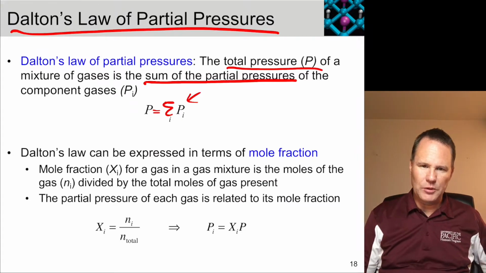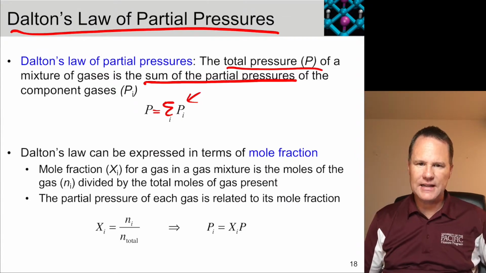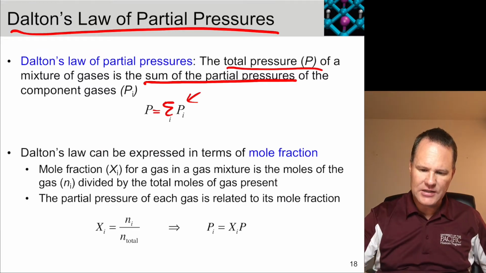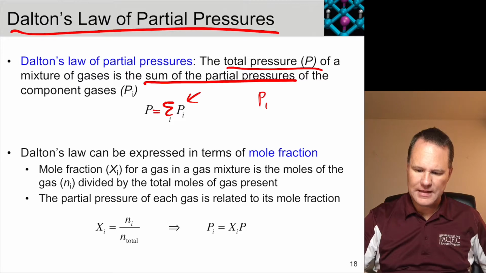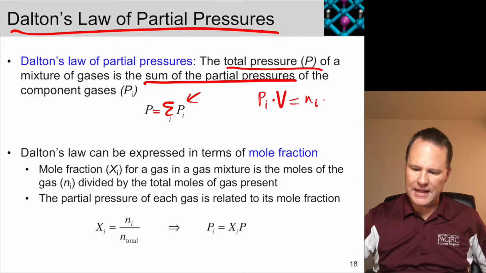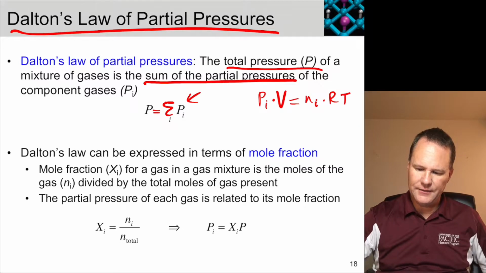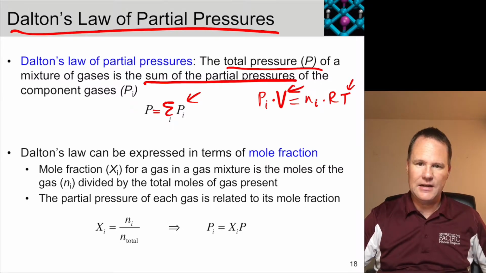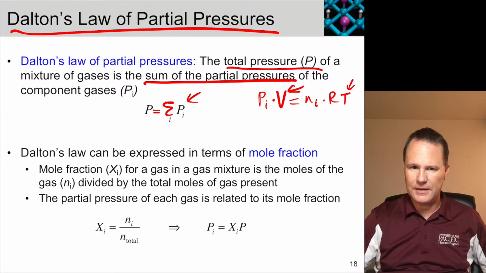And then furthermore, since each individual pressure, let's say Pi for any component of gas, times the total volume will be equal to the number of moles of that gas times RT. The V and the T are the same, right? Because it's the same temperature and the same container.